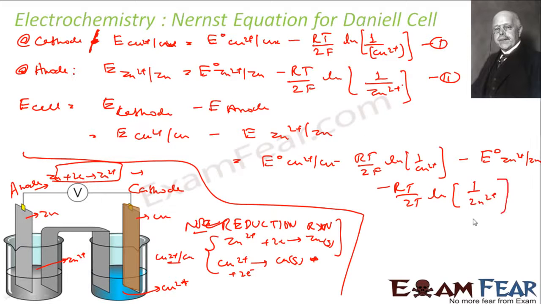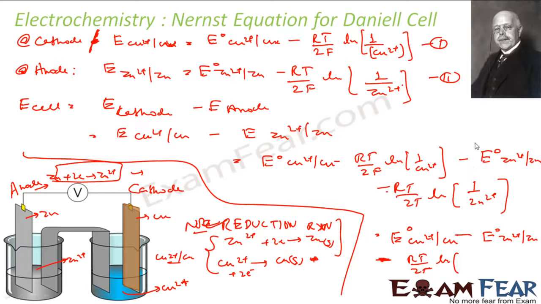So you solve this, you get E naught of Cu2+ to Cu minus E naught of Zn2+ to Zn, which we already know, minus RT by 2F ln. This is minus, this is minus, right? This whole thing is a minus actually. So minus becomes plus, it comes up, so this becomes Zn2+ by Cu2+.